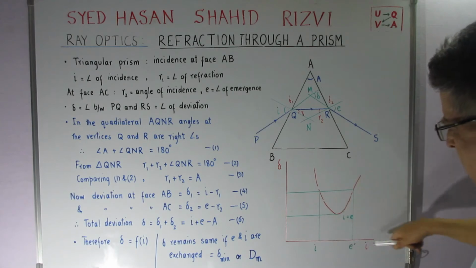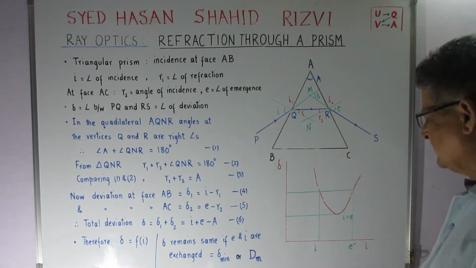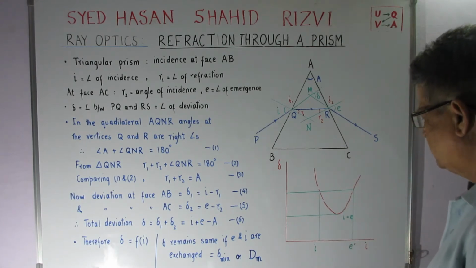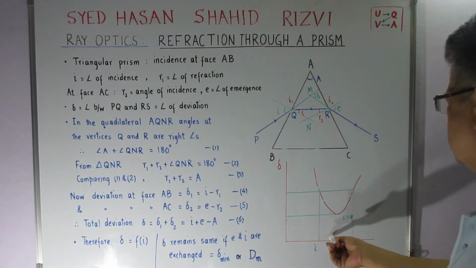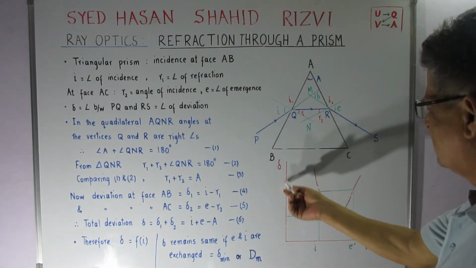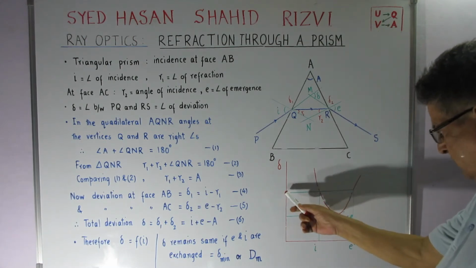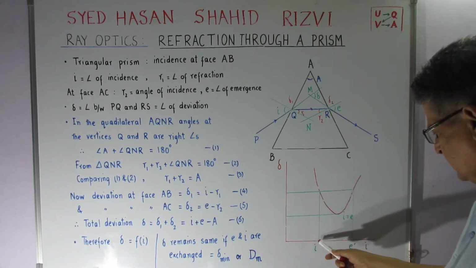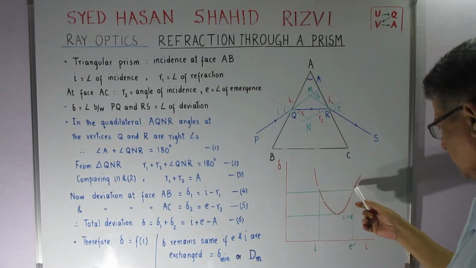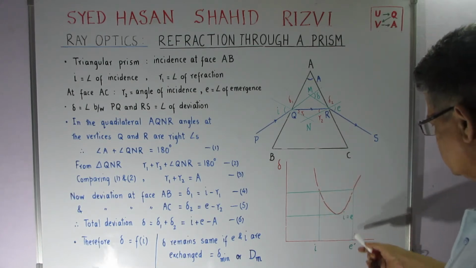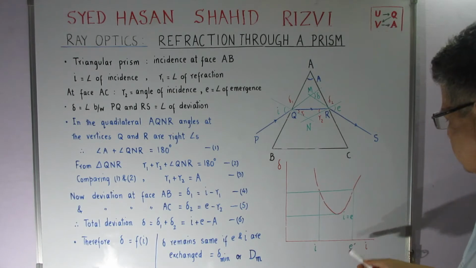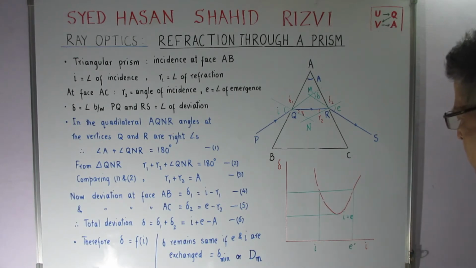I have not taken the enumeration of the angles, which you can find from textbooks. They write it 40 degrees, 50 degrees, 60 degrees, etc. But in one situation that we have, the angle of incidence is this much, and the angle of emergence turns out to be this one, which I mark as E dash.